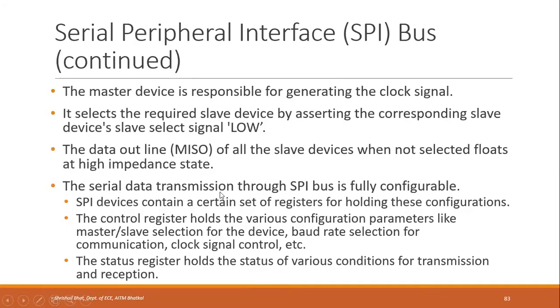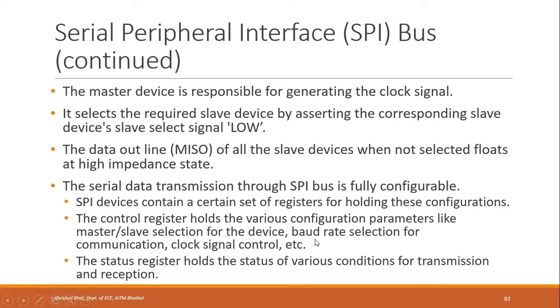The serial data transmission through SPI is fully configurable. That means you can change the settings or configurations. That is done by using a certain set of registers. There is a set of control registers and a status register, which hold the data for these configurations. The control register holds different configuration parameters like master or slave selection for the device, which slave has to be selected, and so on.